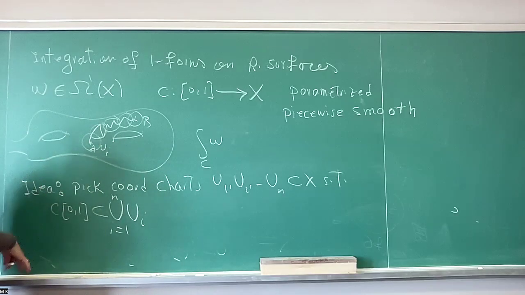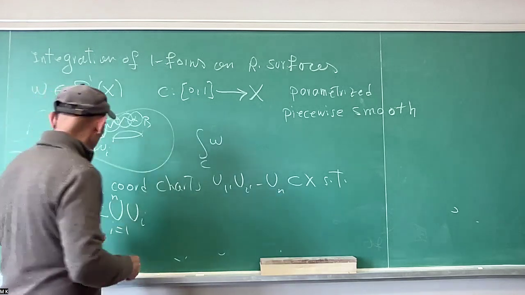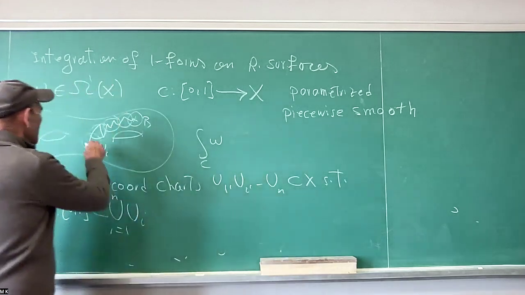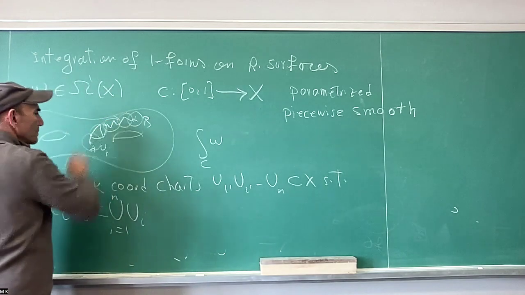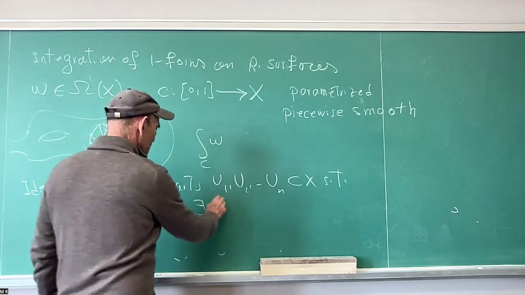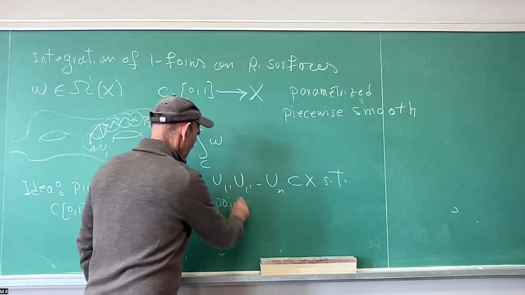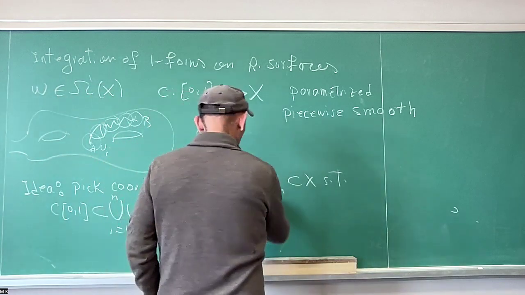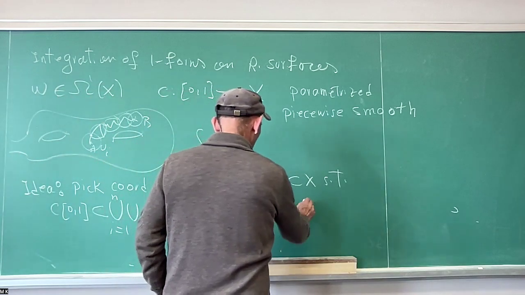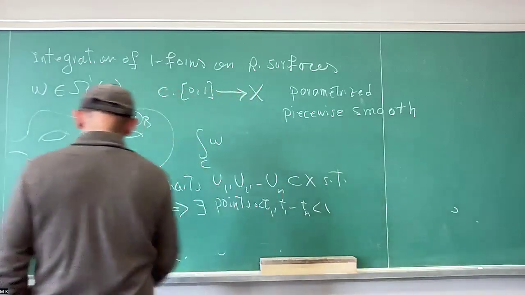Okay. So once you do that, then you can take points here. So then this implies that there exists a division, or points, T1, T2, Tn between 0 and 1.